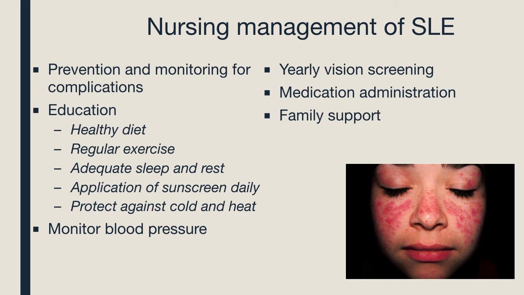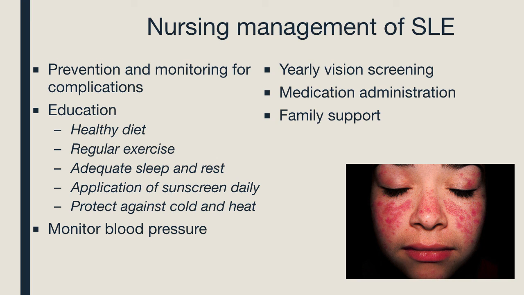As far as nursing management is concerned, we want to prevent and monitor for complications. We want to educate these young women to have a healthy diet, have regular exercise, get adequate sleep and rest. It's really important because stress tends to make exacerbations of the disease.